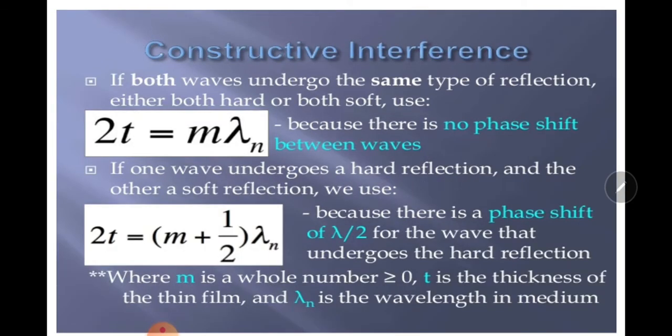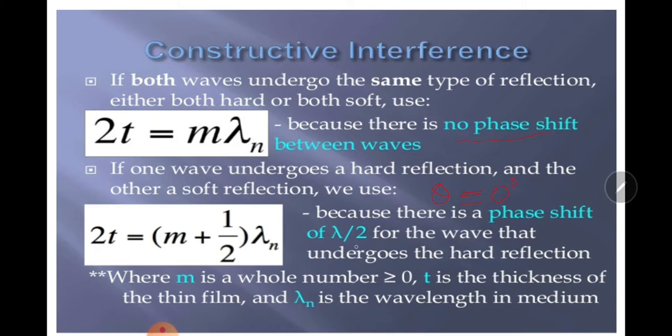Now, if light rays interfere constructively, there is no phase shift between the waves. If two rays interfere constructively, their phase shift will be 0 degrees.